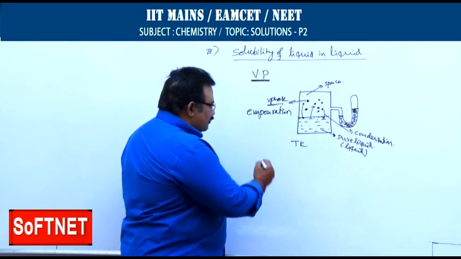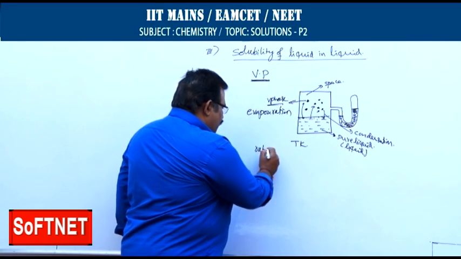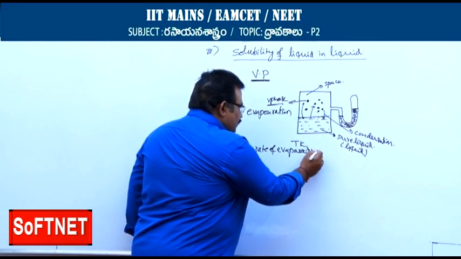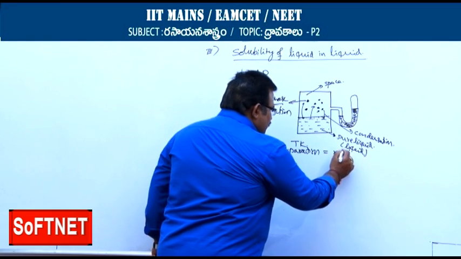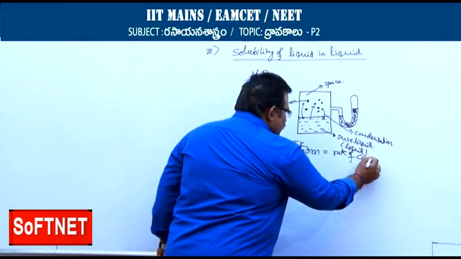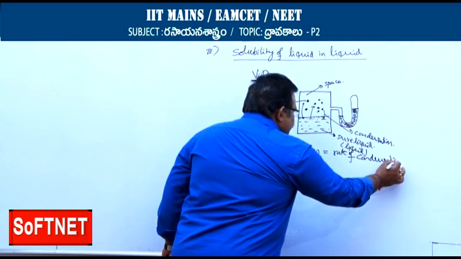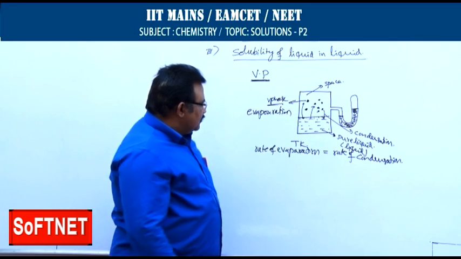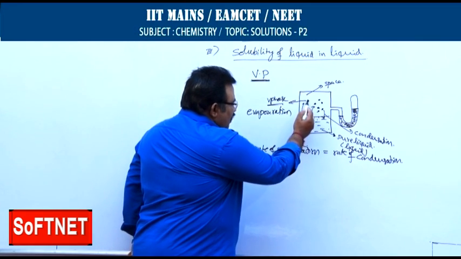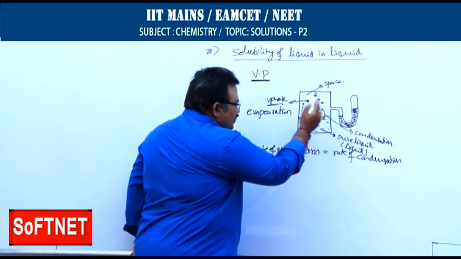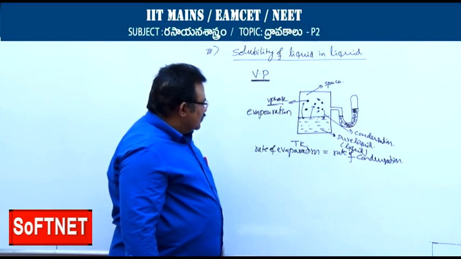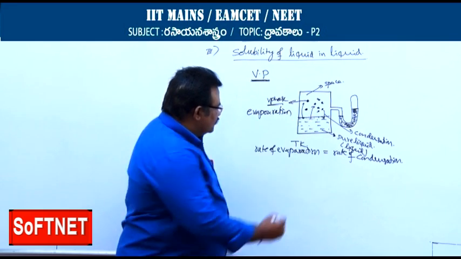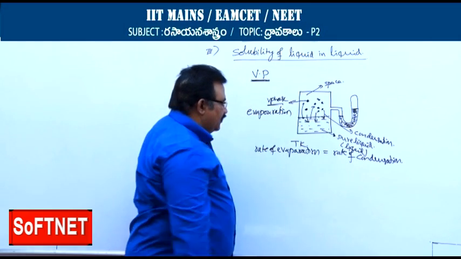At that time, the rate of evaporation is equal to the rate of condensation. At that stage, the constant number of molecules in the vapor state creates some pressure over this liquid surface.